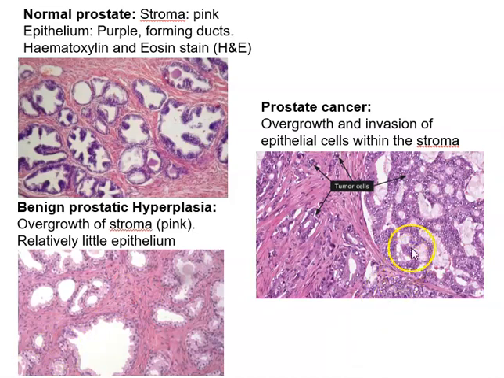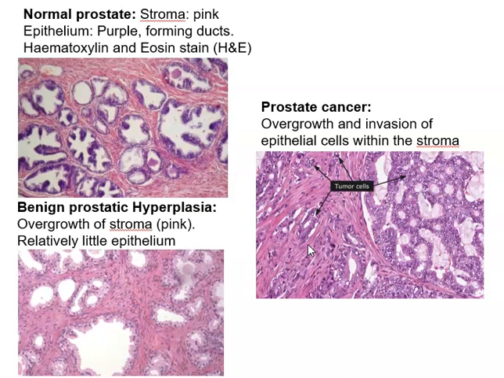Prostate cancer is an overgrowth of these epithelial cells, and they overgrow to such an extent that they break out through the basement membrane and infiltrate into the underlying stroma. So this is a large tumour growing, and also within the stroma you can see that there are epithelial cells all the way through the stroma. They're not acting as ducts, they are infiltrating the stroma.